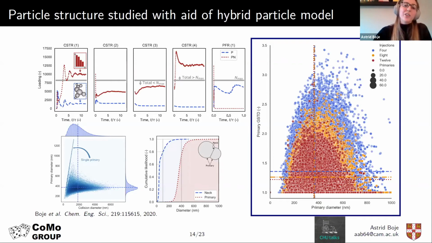And what you can see is with more injections, we get a much narrower particle size distribution and a much lower maximum geometric standard deviation in the primary diameters. So that's really great from a perspective of the industrial process, where what you really want is a consistent product and also a reasonably small particle size. And this is also in line with what is observed in the industrial process, where they do operate with these multiple feed points. So that's also nice to see.